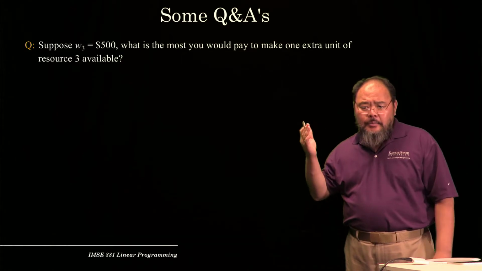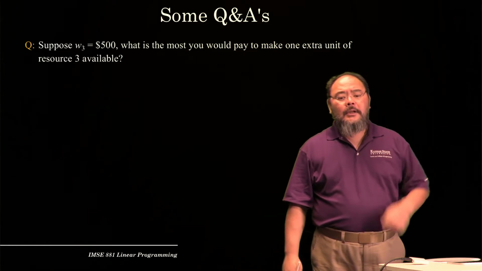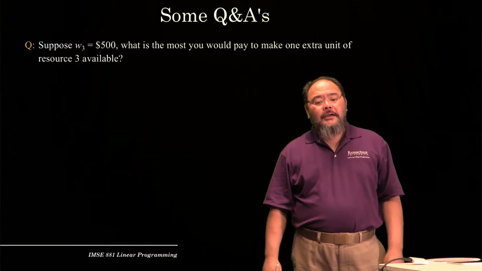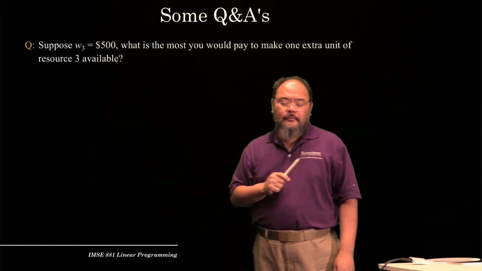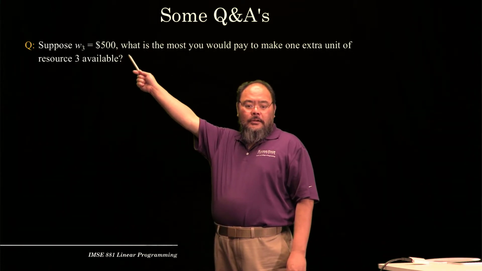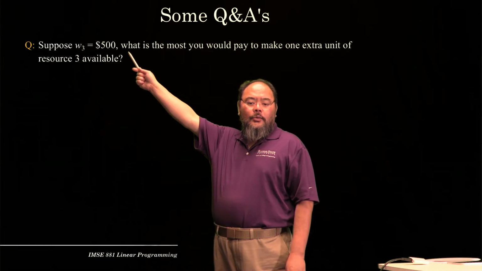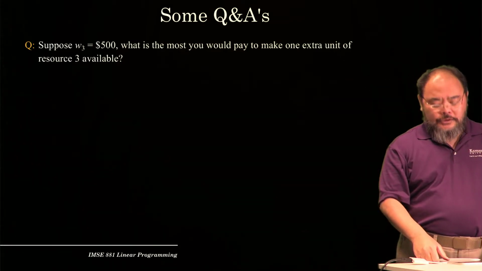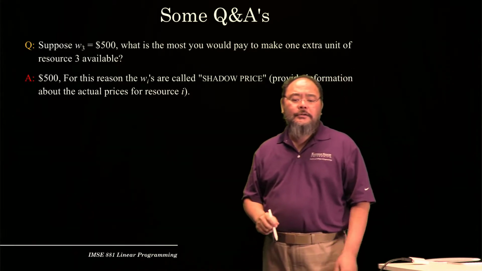Okay, so for example, solving this linear programming problem, you get your dual solution omega_3 equals 500, and that means your resource number 3 is used up first. This is the maximum amount of money you are willing to pay to get 1 additional unit of resource 3. So $500 for this resource.